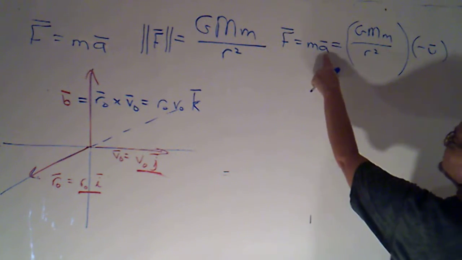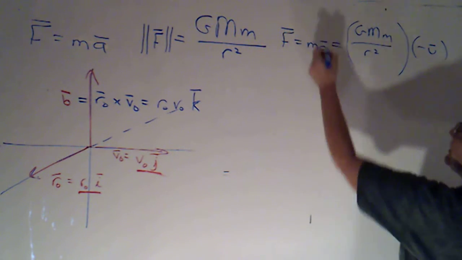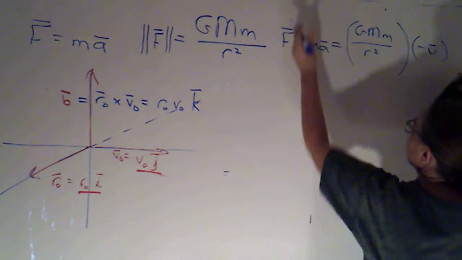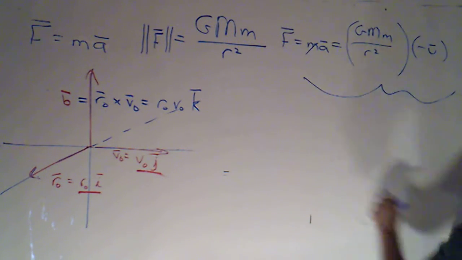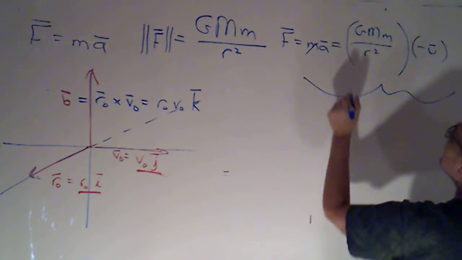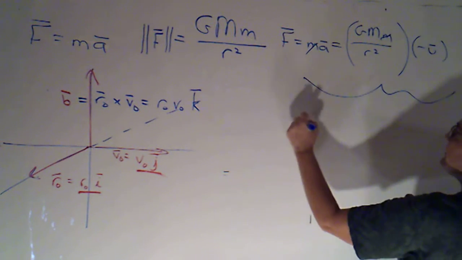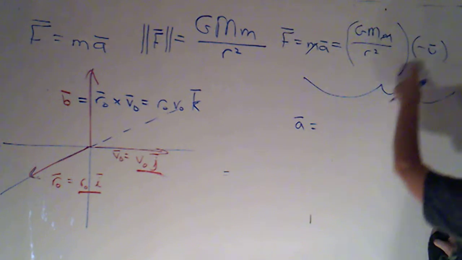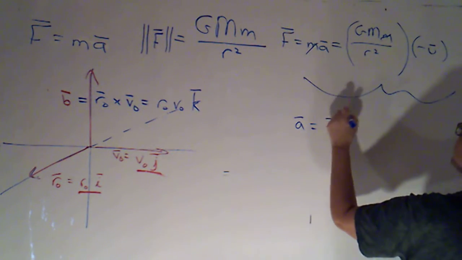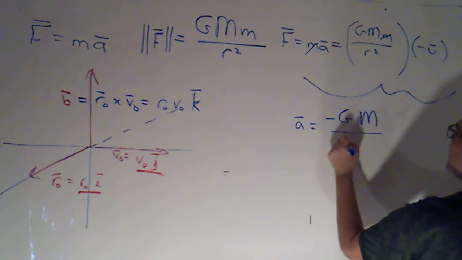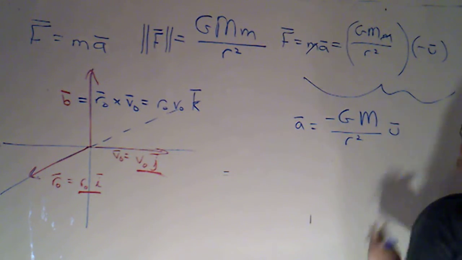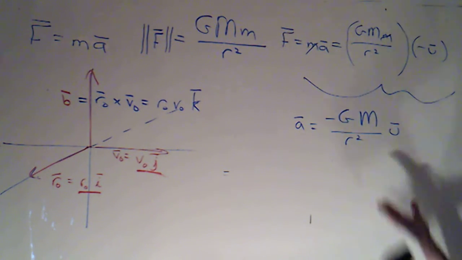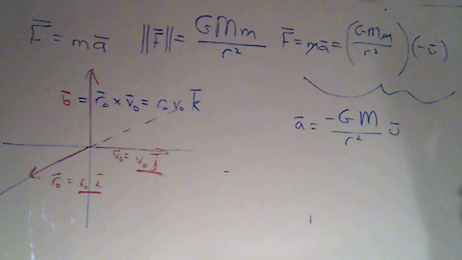So if I solve for acceleration, I want to divide through by m. Now, I'm just working with this part right here. I'm going to just ignore the F. But if I do that, I'm going to get the acceleration is, and I'm going to just bump this negative sign and put it with the rest of the scalars, negative G M over r squared times u. That's a characterization of the acceleration.